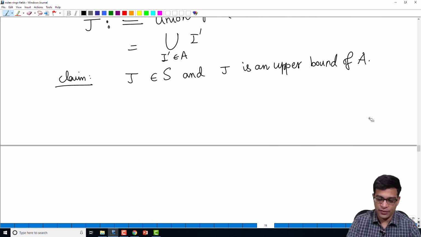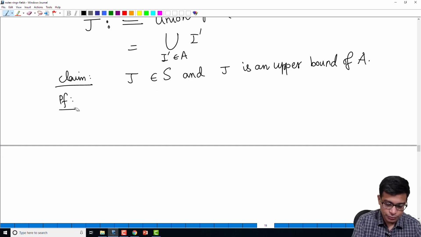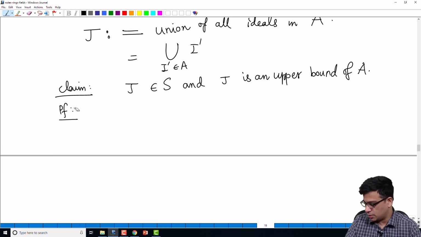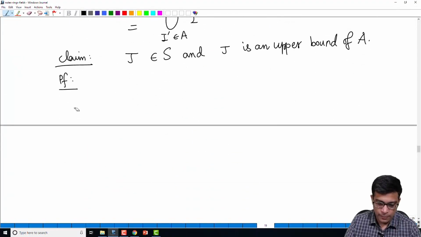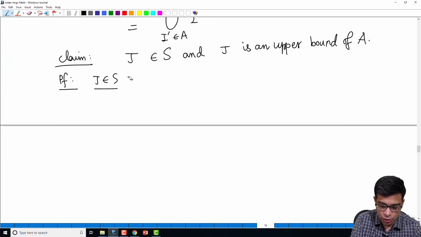So I need to prove that J first of all belongs to S. So what is S? If you recall, S is the set of proper ideals that contain I. So we'll first show that J is in S.